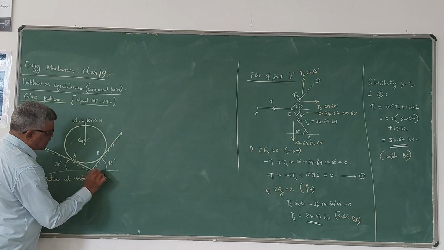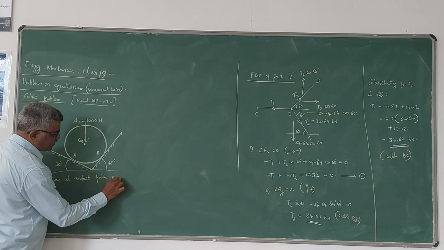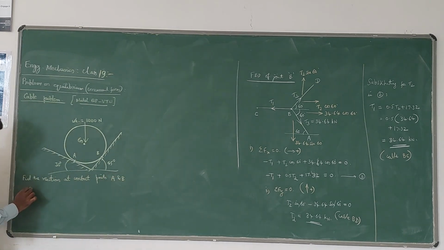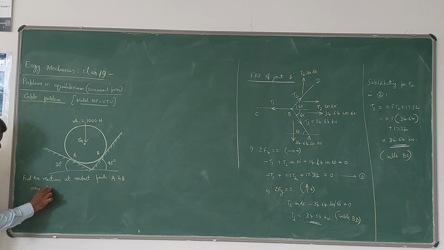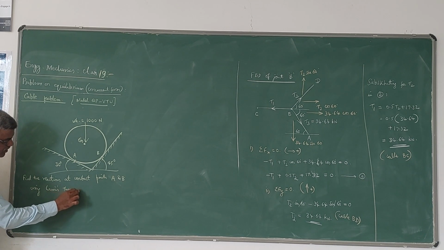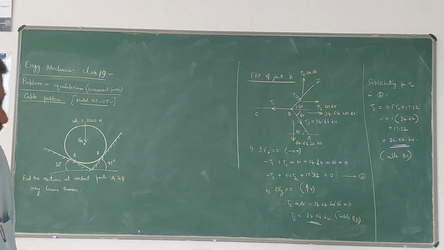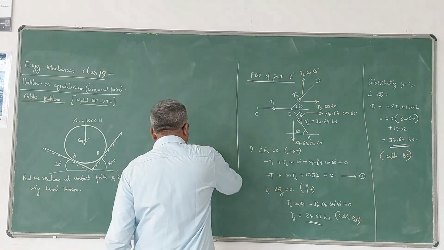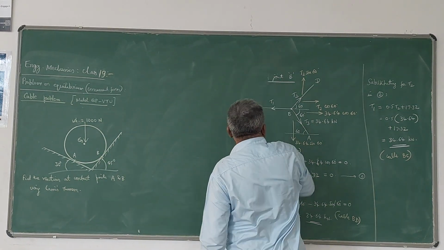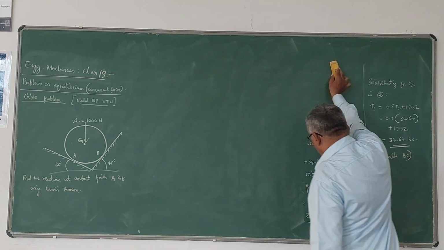Here the contact points are two, A and B. Using Lami's theorem, he has specifically asked. So either you can solve using equations, or we can use Lami's theorem. Here he has specifically asked to analyze the problem using Lami's theorem, so let us use Lami's theorem only to solve this.